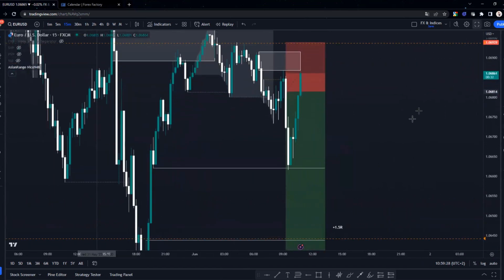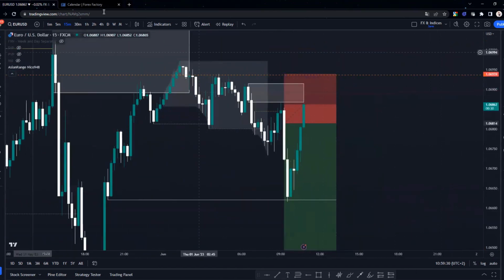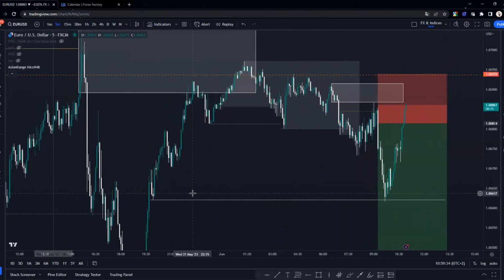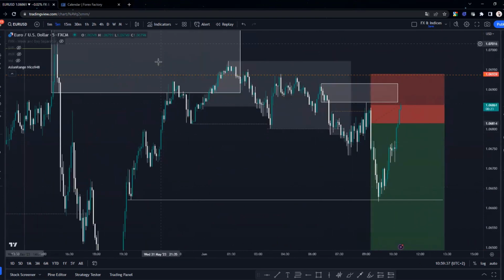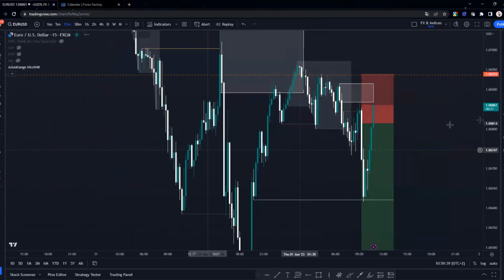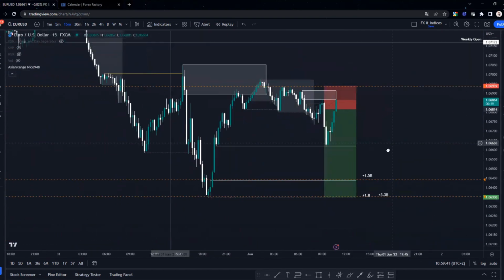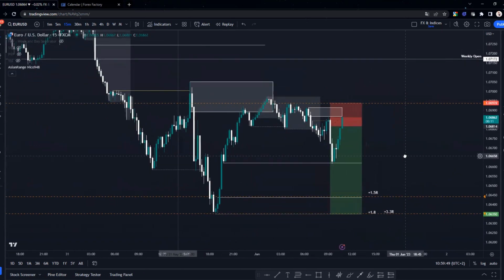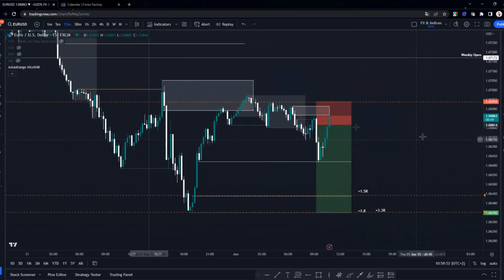The price is going very bullish after this reaction on this level. Let's see what happens. Just a few seconds. Let's see if I get knocked out of this trade, or price continues in profit.